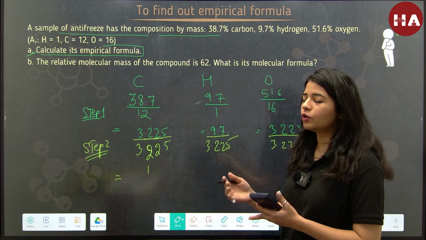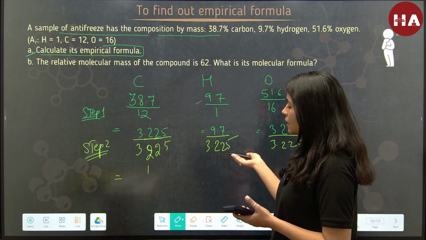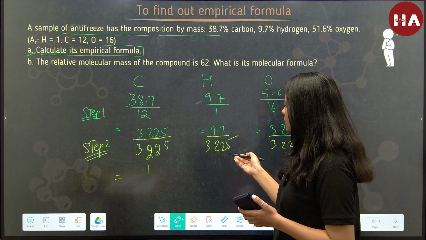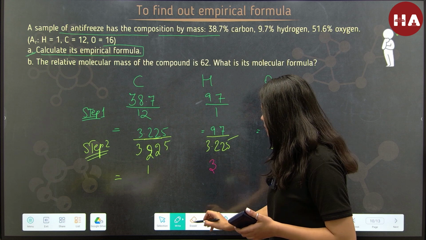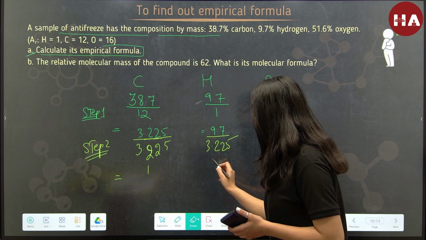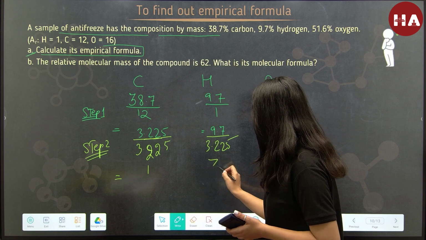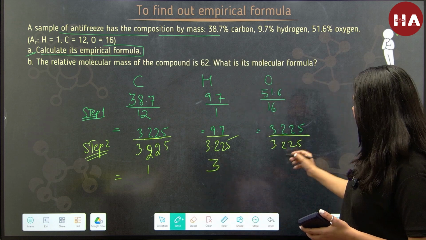If you divide 9.7 by 3.225, this will give you 3. And if you divide the last one, you will get 1.